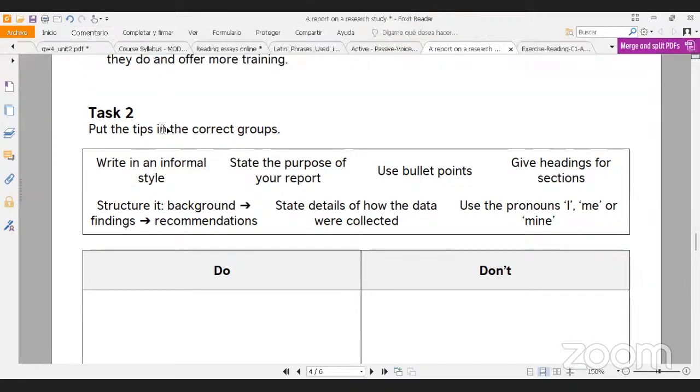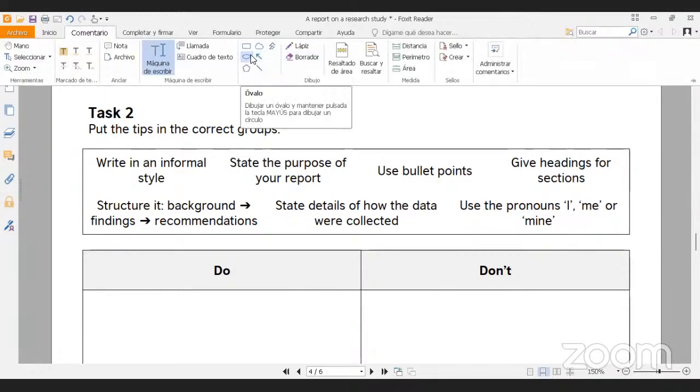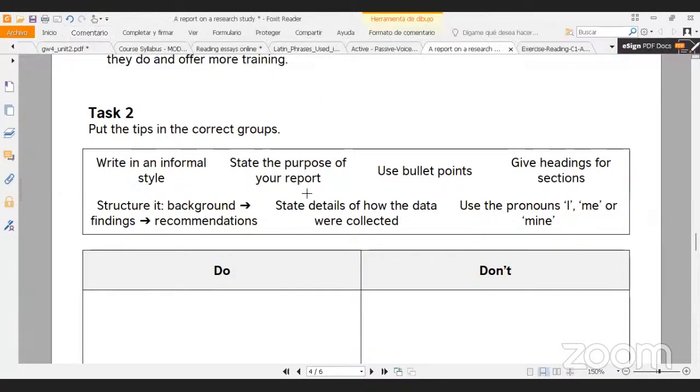For example, state details of how the data were collected. Okay, so I'm gonna circle them. So this one is a do. State details of how the data was collected, okay? That's a do. What else?